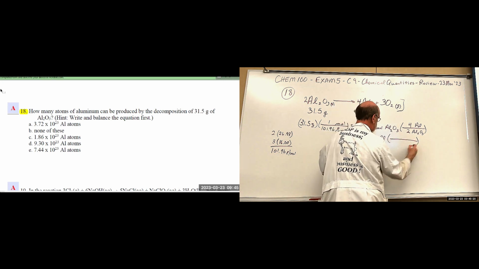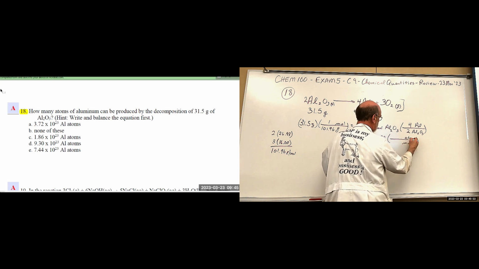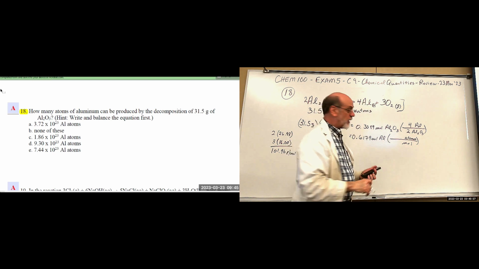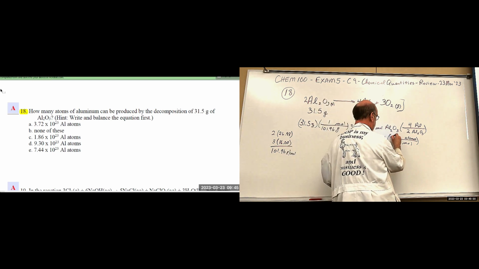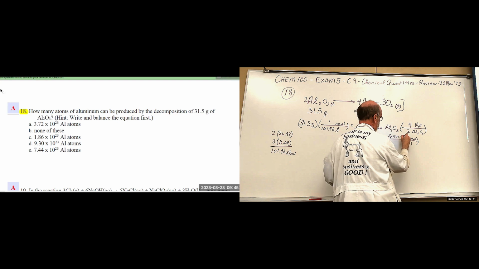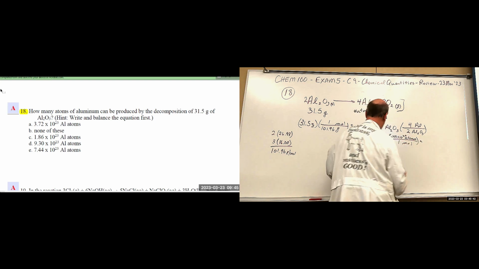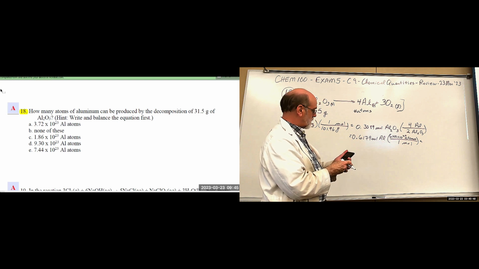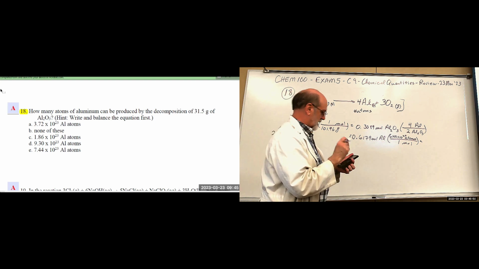Now we need atoms. What's the conversion factor for atoms and moles? Avogadro's number. So we just need to multiply that times 6.022 times 10 to the 23rd.